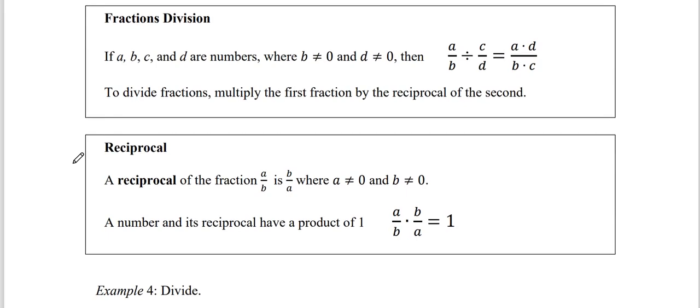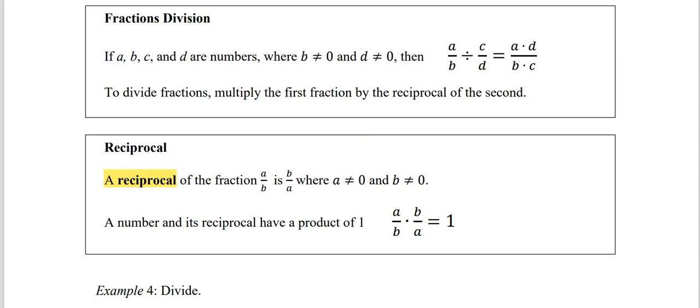Before we practice on division with fractions, we need to review what a reciprocal is. A reciprocal of the fraction a over b is written in the form of b over a. So basically what we're doing is just flipping the fraction upside down.